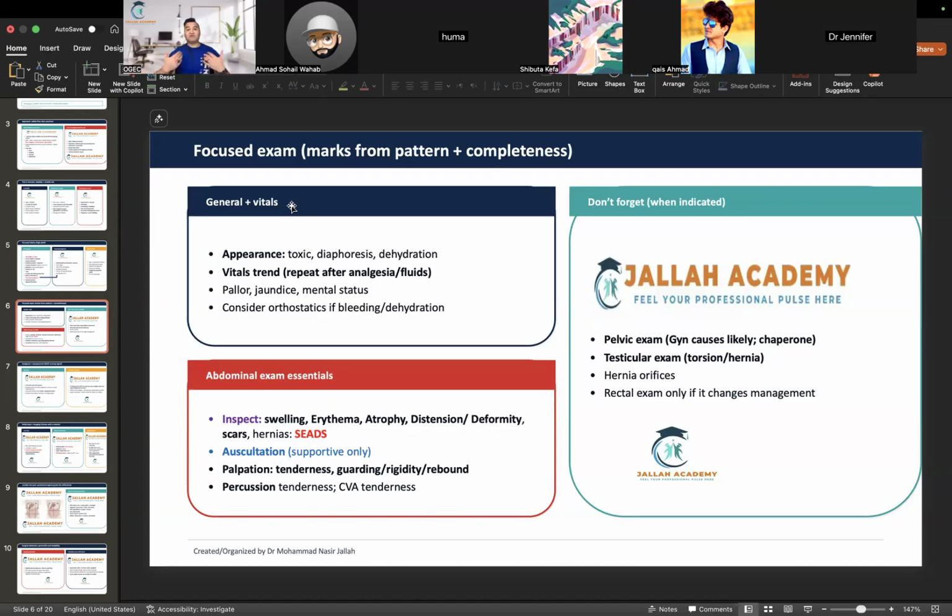I'm here to perform a physical examination on your abdomen and your belly. Don't use abdomen, use belly. Lay term, right? The medical term for the examiner, the lay term for the patient. I'm going to perform a few physical examinations on your belly. By physical examination, I mean I will take a look at your belly.